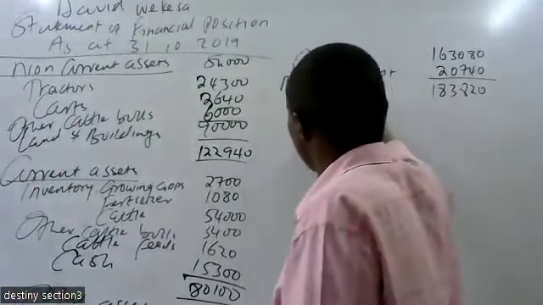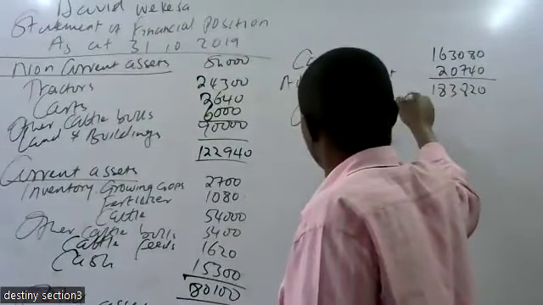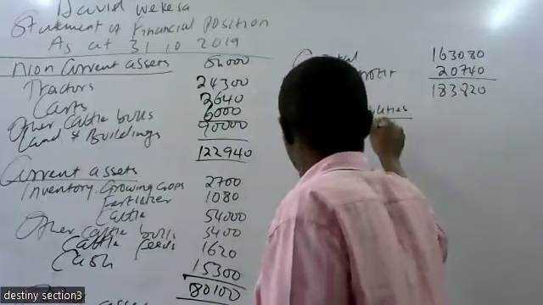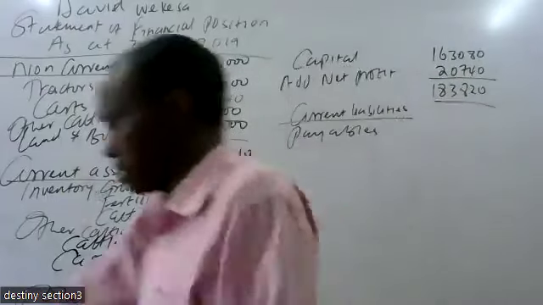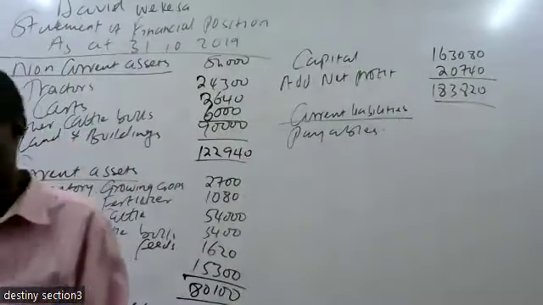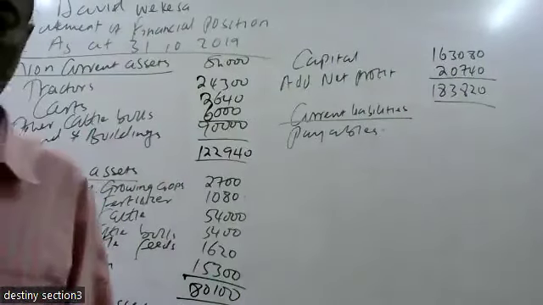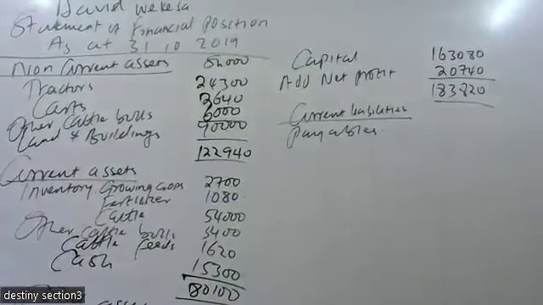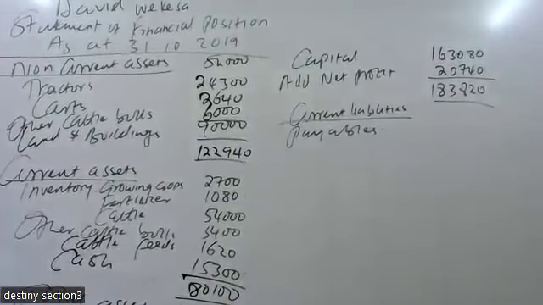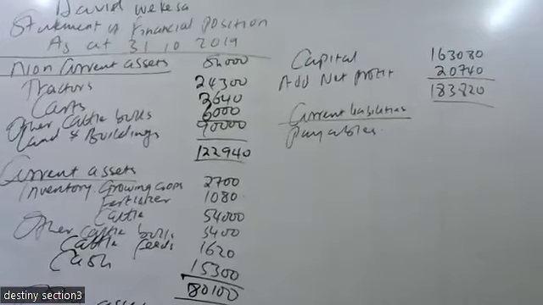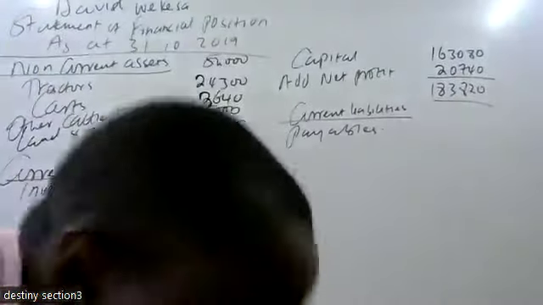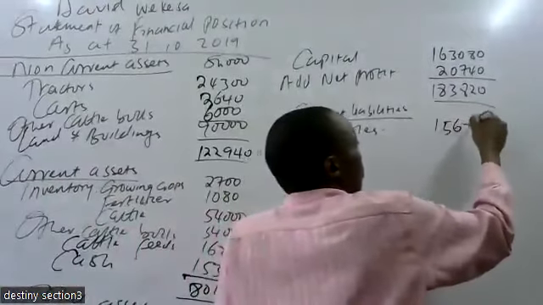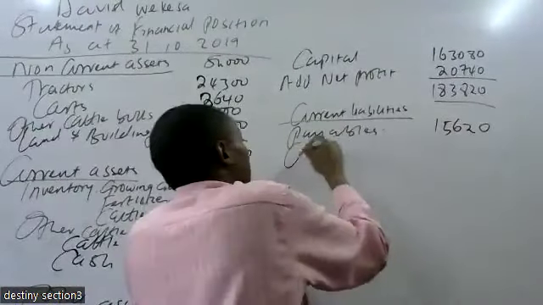Current liabilities. We have payables. Payables, 15,620. Current tax.